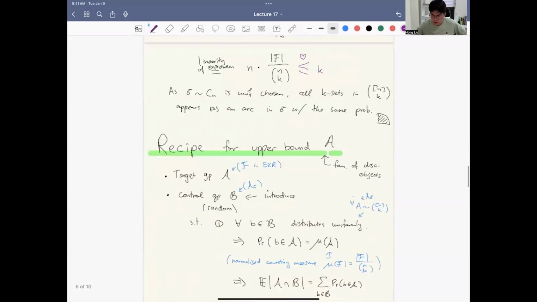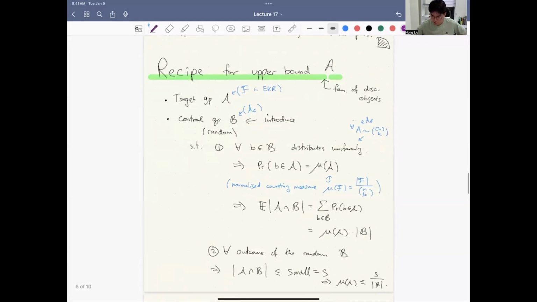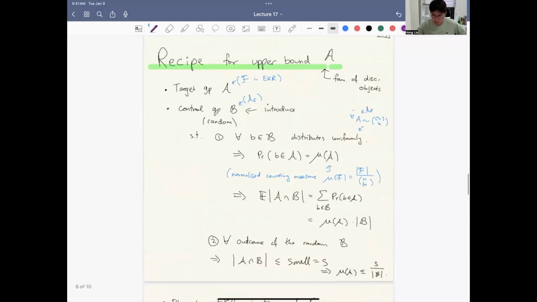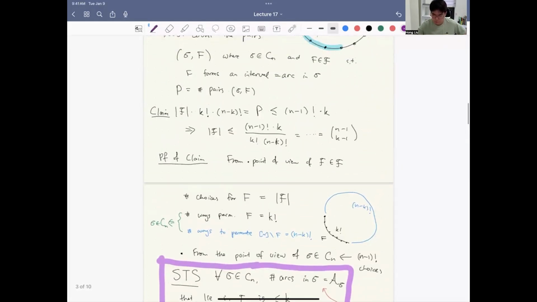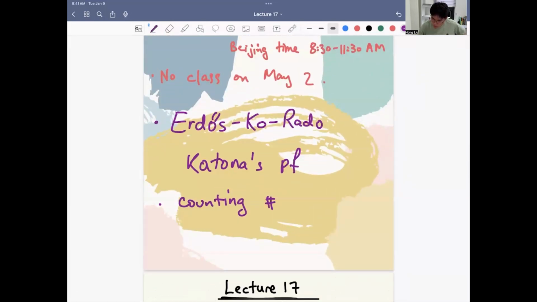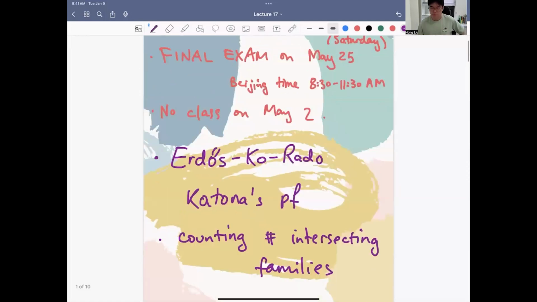After that, we gave this recipe and we moved on to counting intersecting families. Yes. Counting the number of intersecting families.